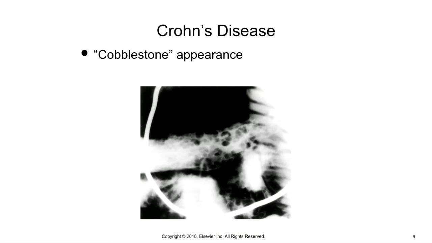And you can see this is probably the compression paddle that's pushing down on that. When they talk about the cobblestone appearance, it's kind of like some of the streets in Italy or somewhere like that, where they're made up of little cobblestones, and that's what that appearance looks like when a patient has Crohn's disease.